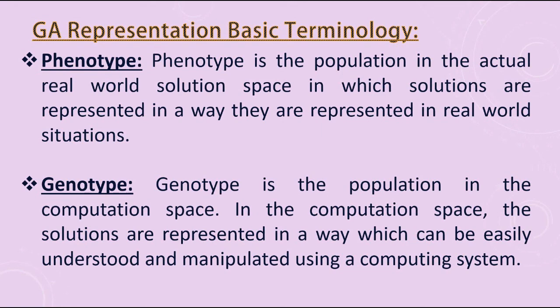Genotype is the population in the computation space. In the computation space, the solutions are represented in a way which can be easily understood and manipulated by a computing system. So phenotypes are real world examples, raw data, but the genotype is the representation form of a GA, which is understandable by the computer.